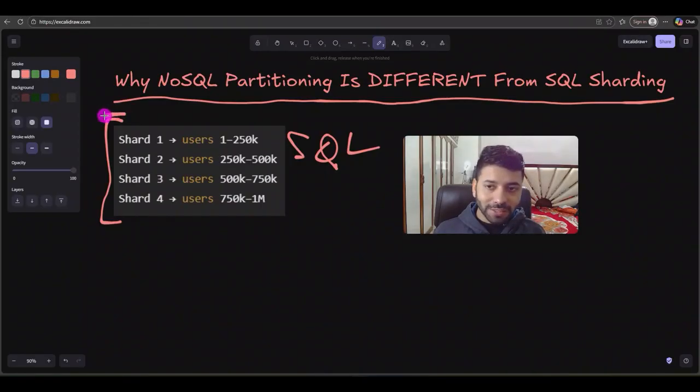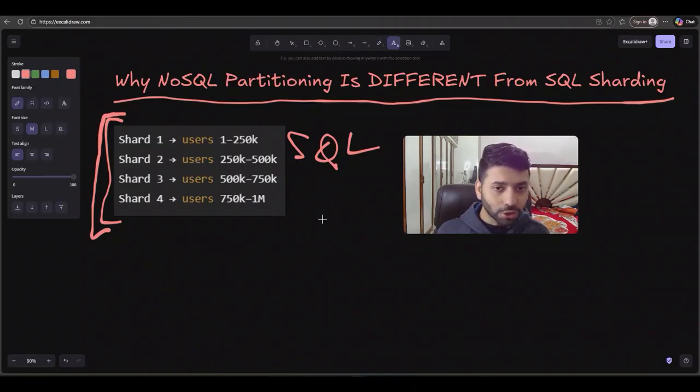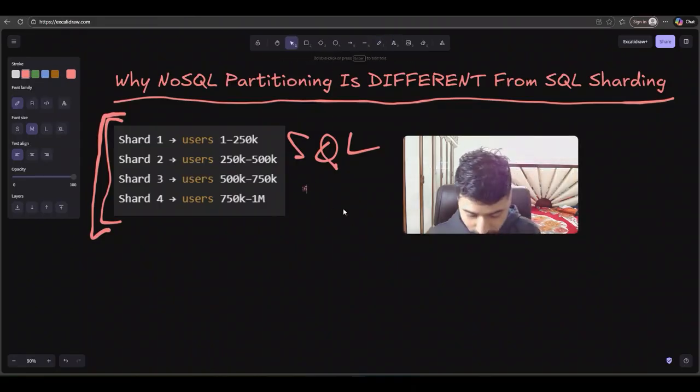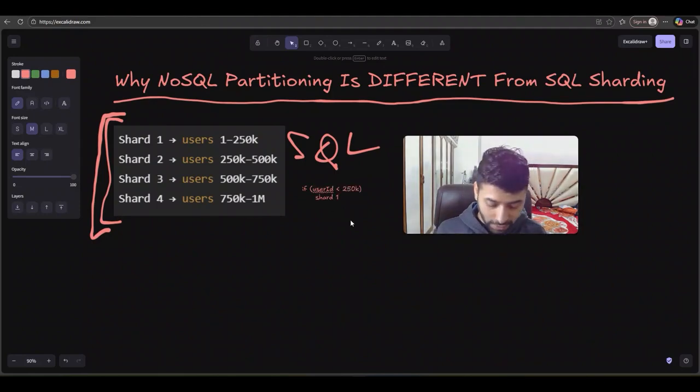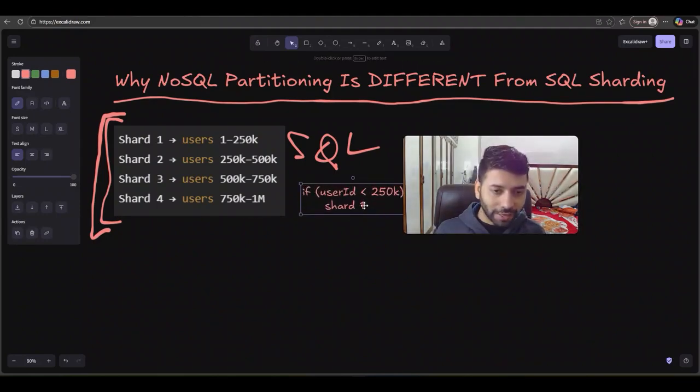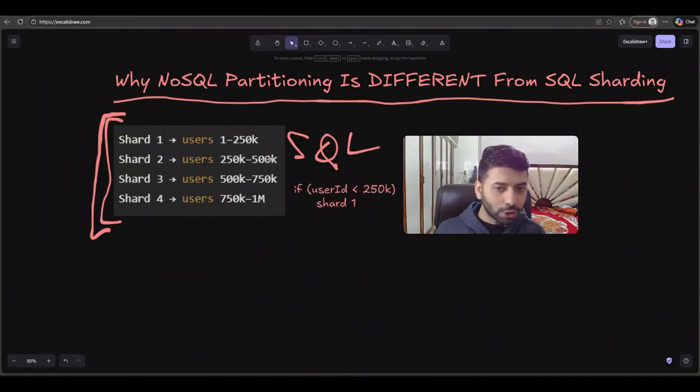But the main point is this logic, how you decide which user is going to which shard. This is done manually on the application layer. So it would be something like this. If user ID is smaller than 250k, then we will write the logic to select shard 1. Similarly, we would do the other cases, like else if it is between 250k and 500k, shard 2, and like that.